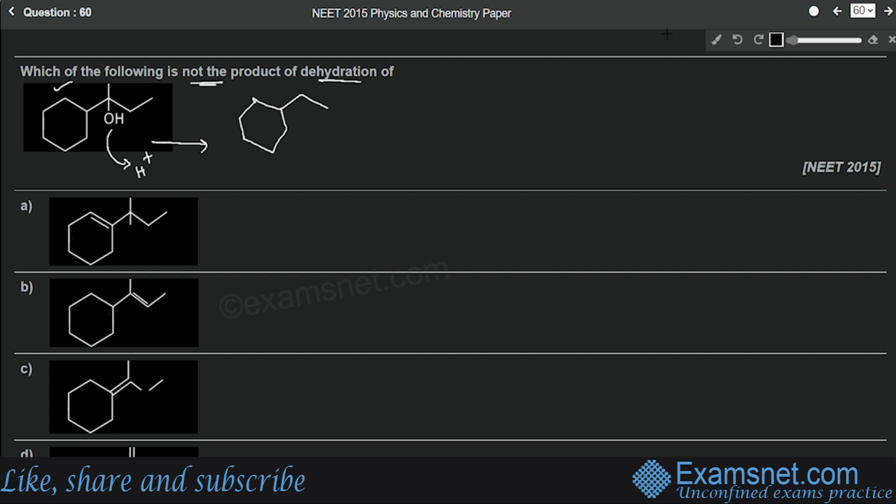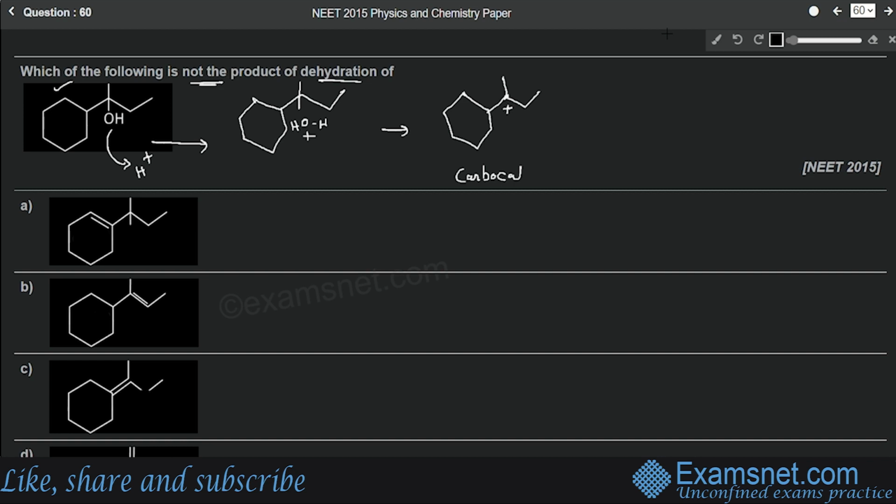So let's see how it will be formed. Here this O will have two hydrogens now, and there will be a plus charge. So this is the carbocation. If we draw the simple structure of the carbocation, it will be a cyclic ring here, and at this position we have a plus charge. So this is the simple structure of the carbocation.